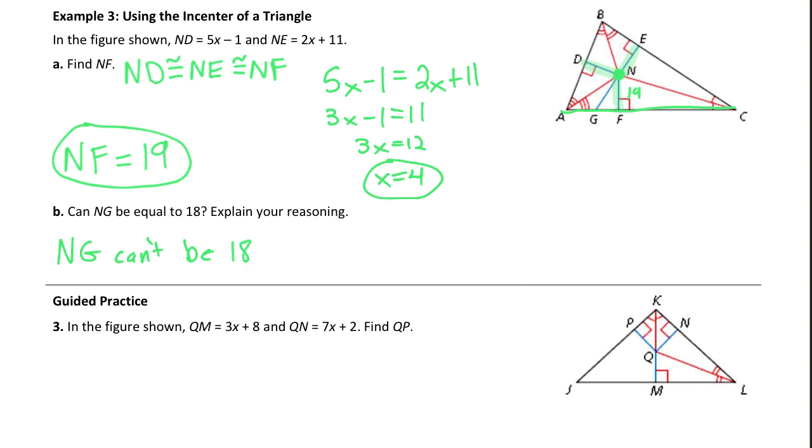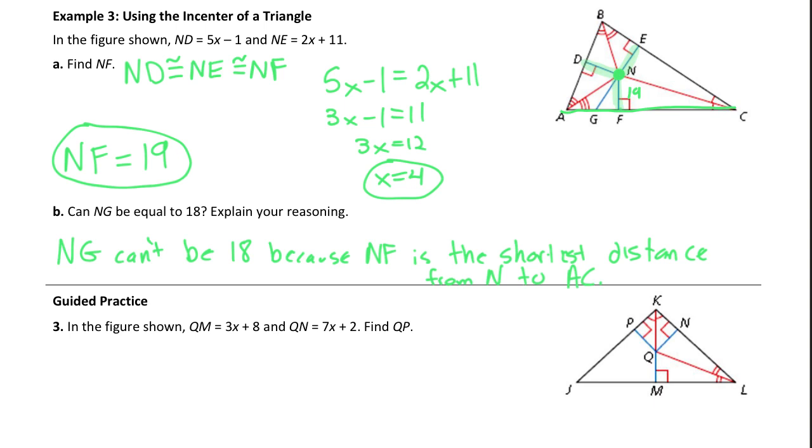The reason it can't be 18 is because NF is the shortest distance from N to that side AC.